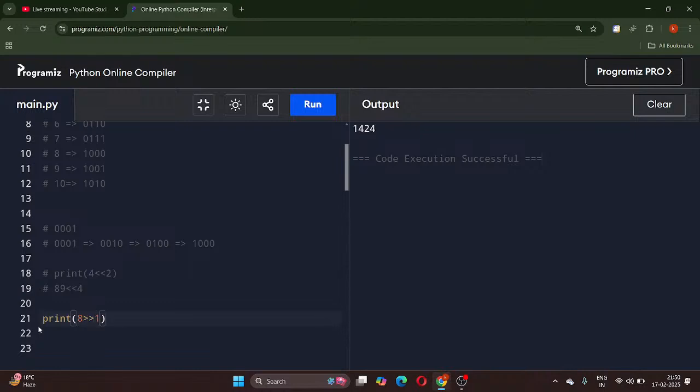So it is going to be divided by 2, right? So let us run it, and 4 is the answer. If you are dividing the number 8 by 2, then 4 is the final output. If you shift it by 2 digits, then the final output would be 2. That is, 4 will also be divided by 2.